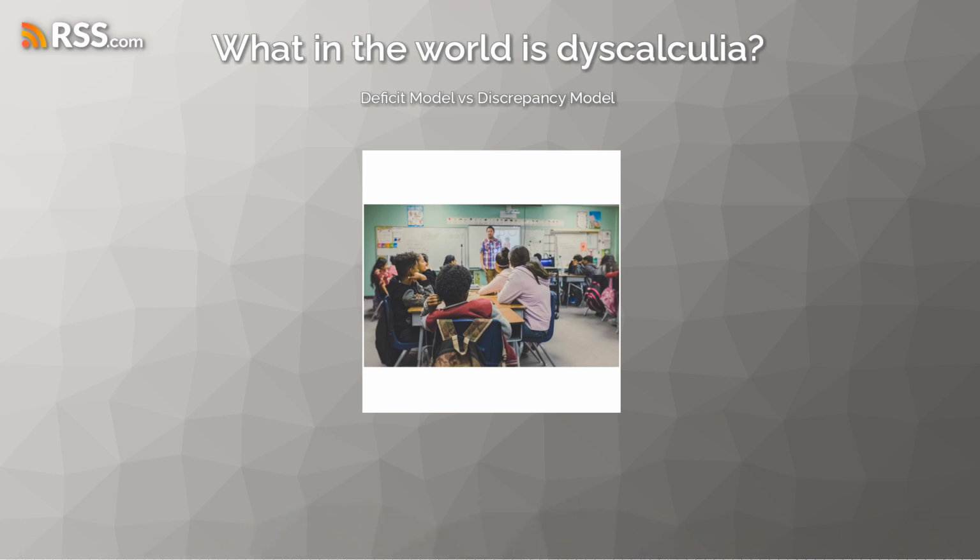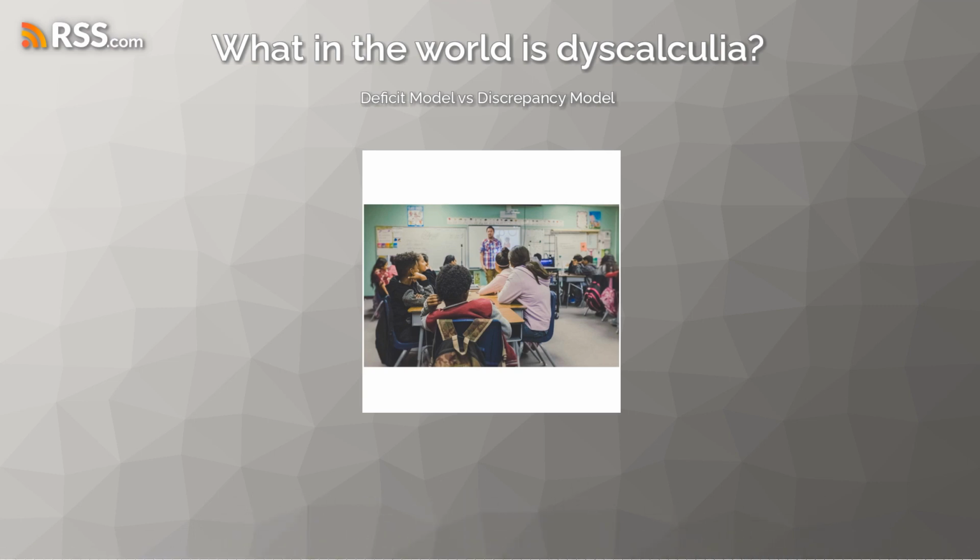And within those results, we look to see, is there a difference between a person's performance and what we assume their performance should be based on the rest of their scores.